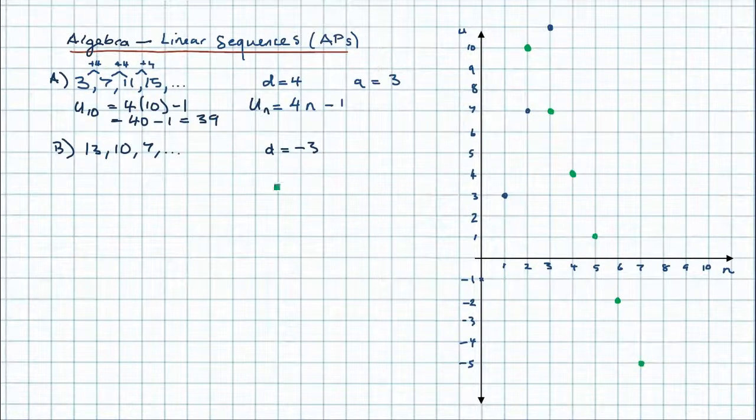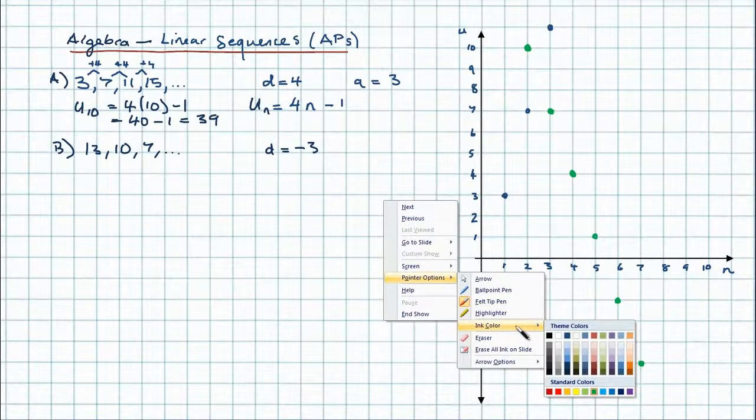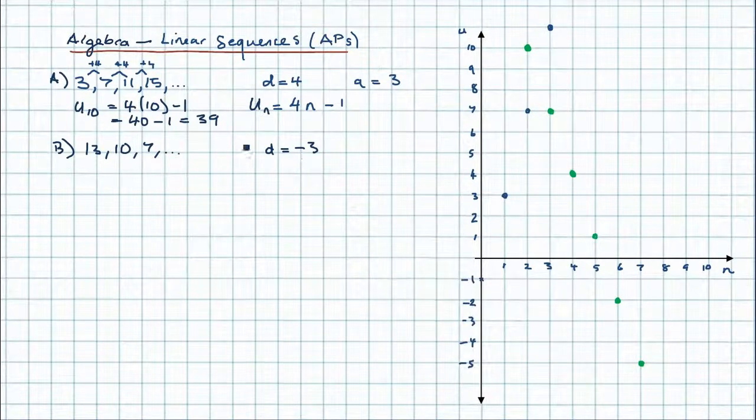So that's plotted it on our graph, and now we'll try and find the function. But before we do that, let's just write a equals 13. So our first term in this sequence is 13. Good. Okay, now what's our function?